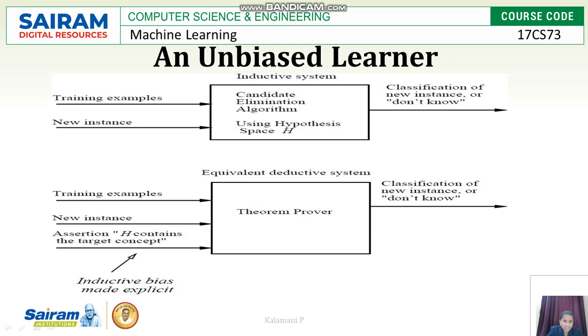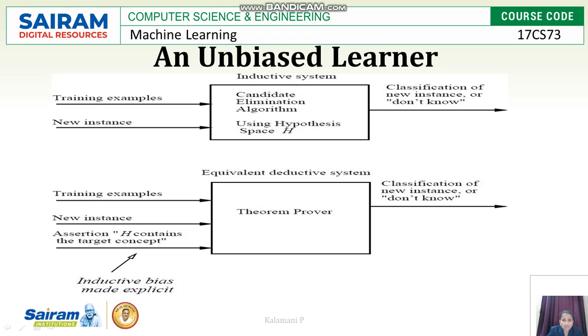Using that inductive bias, the theorem prover gives the same output. The difference between the inductive system and the equivalent deductive system is performance: the efficiency and accuracy are higher in the equivalent deductive system. So there is a major difference, and we can compare them performance-wise.